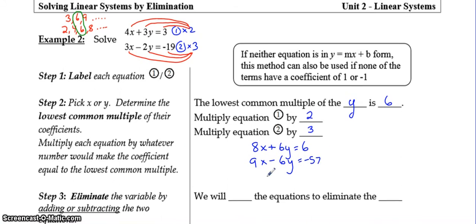Now you can see we have made the y coefficients the same, the difference here is that one is positive and one is negative. So in order to get 0y, you will have to add the equations to eliminate the y value. Because then positive 6y plus negative 6y will give you 0y.